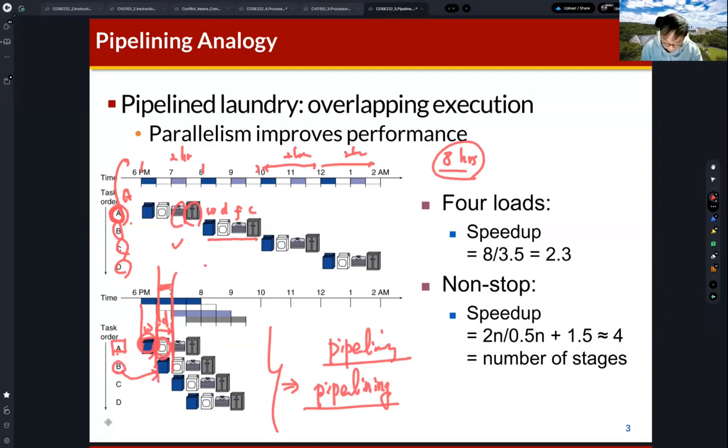So in this time slot, we can assign task B to the washing machine, right?